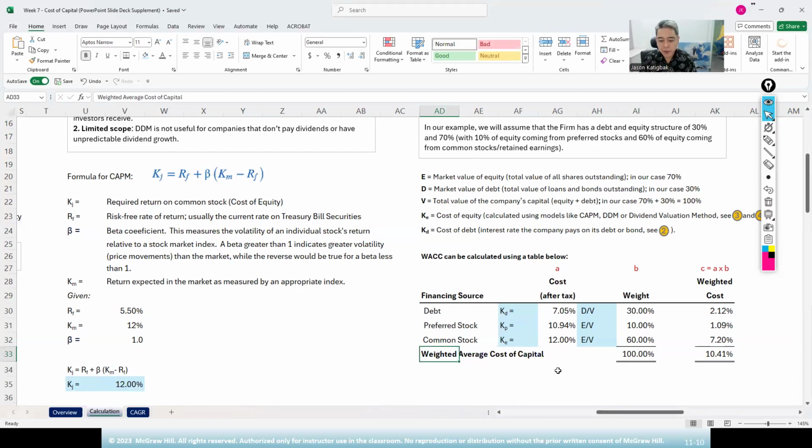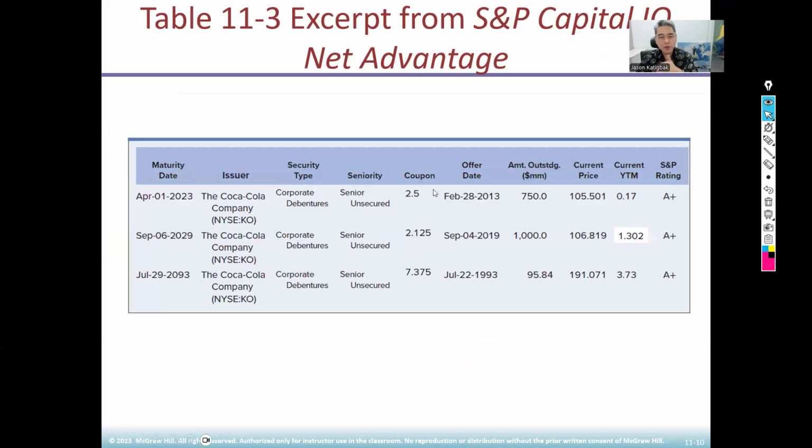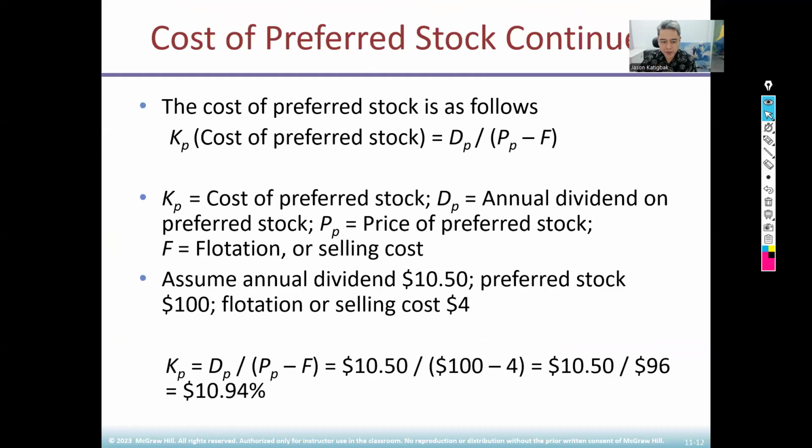So the weighted average cost of capital is 10.4. And then let's make sure it's clear. Here you go. Now, we did the calculation. I'm going to go back to our presentation just to be sure we have this, because we're going to go with one more topic, right? I wanted to make sure we have this topic done.